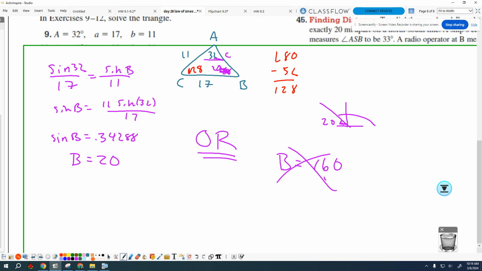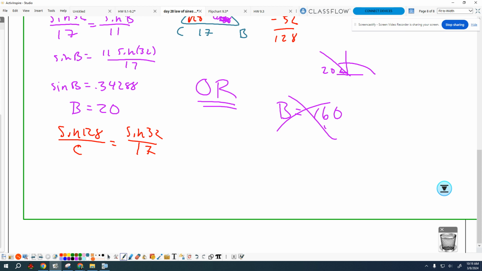Okay, so now you do sine of 128 over the side I want to know equals sine of 32 over 17. Turn everybody upside down and multiply: 17 times sine 128 over sine 32.